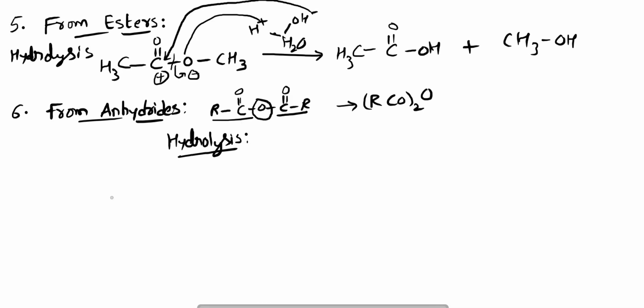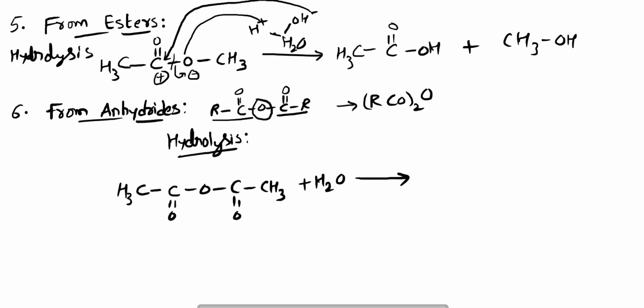Let us take one example. R means take any alkyl group. This is one of the anhydrides. React with water, which as we said earlier breaks as H plus and OH minus. These electrons are taken by oxygen. Oxygen gets negative, carbon gets positive.